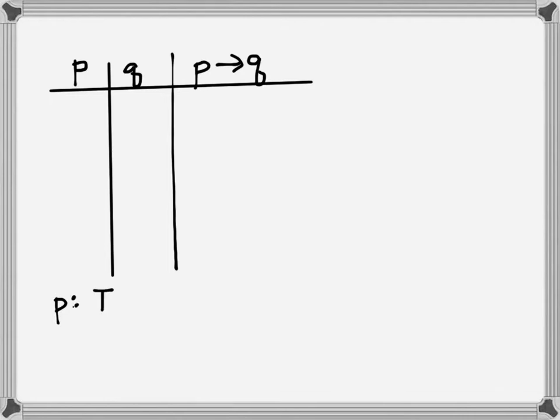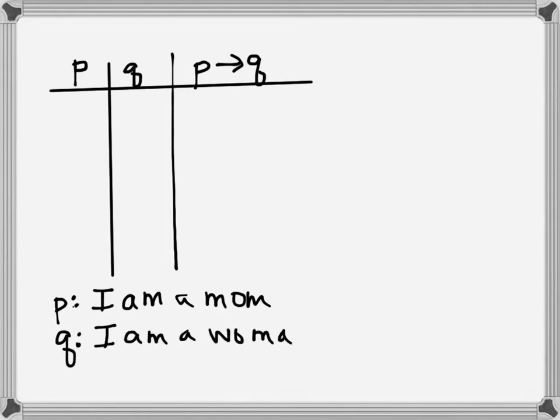P is going to be the statement, "I am a mom." And Q is going to be the statement, "I am a woman." We're going to do the same kind of thing we did last time, where we pick people that you know around campus and try to fit them into the categories.